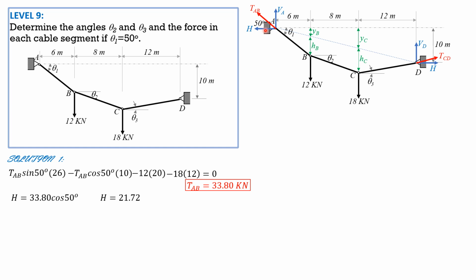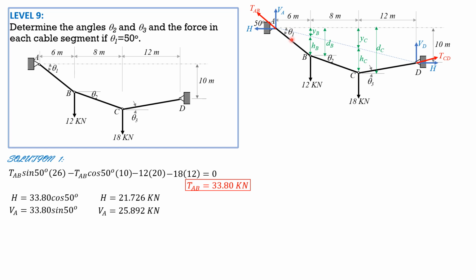H is equal to 21.726, the horizontal component of tension at any point on the cable, or the horizontal component of tension in any cable segment. And the vertical component is tension AB sine of 50 degrees, 33.8 sine of 50 degrees, so it is equal to 25.892 kilonewtons. Then we'll call this D sub B, this one D sub C.